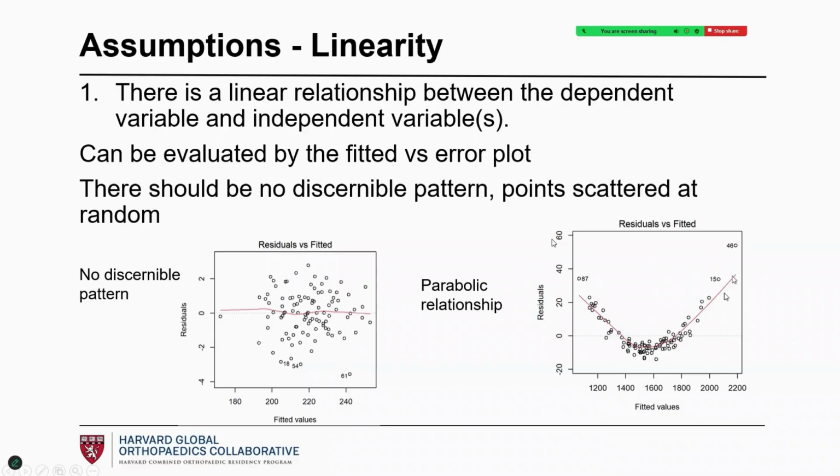On the other hand, on the plot on the right, we see that this is not the case. We see that there is a relationship between the fitted values and the residuals, which could be described by a parabola. It is not flat, and we see that there is a pattern for the relationship between the fitted values and the residuals.